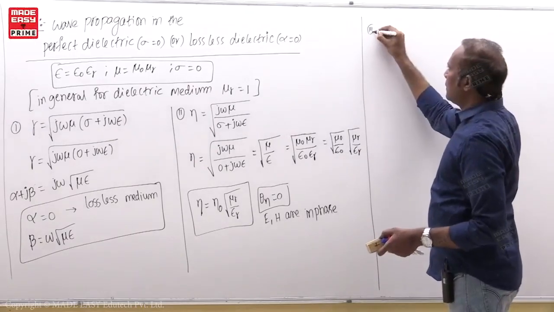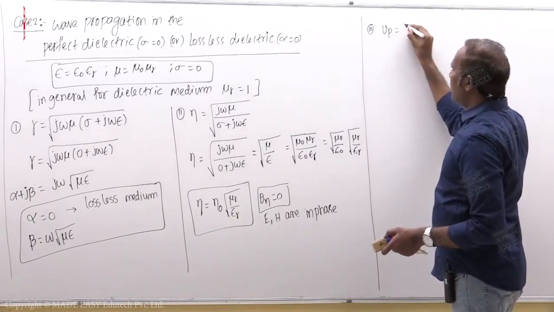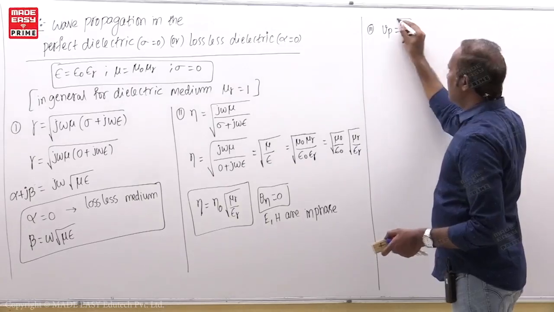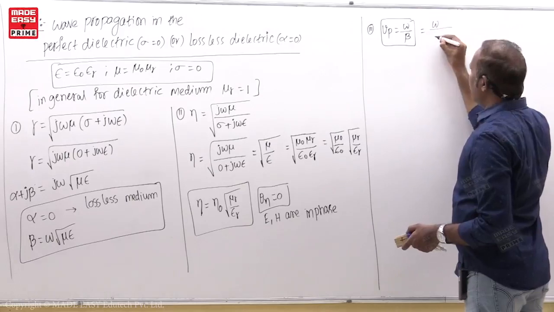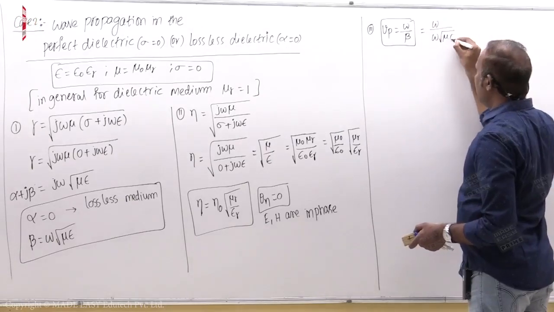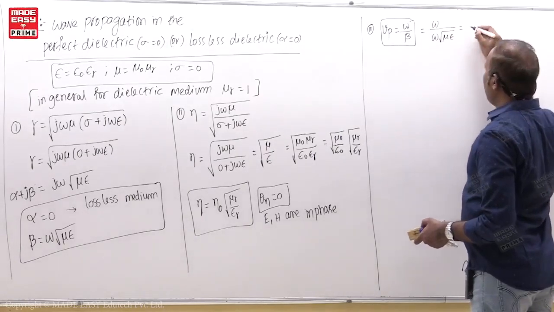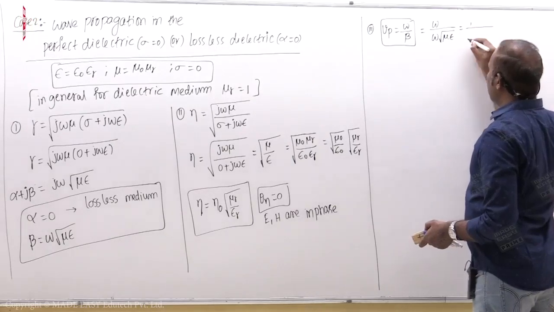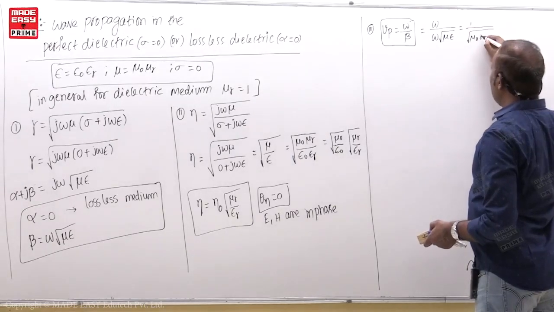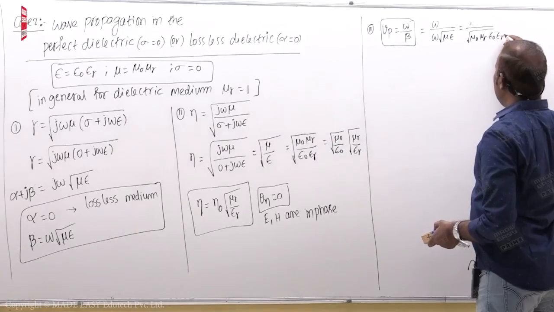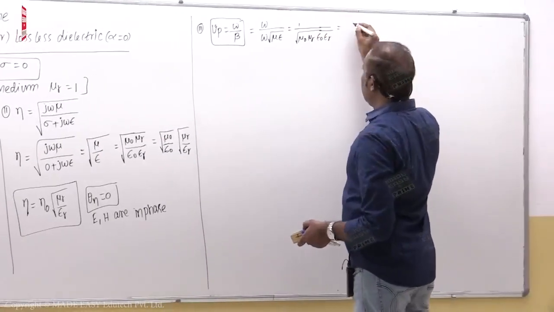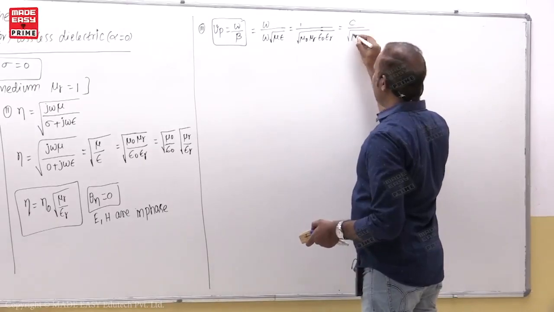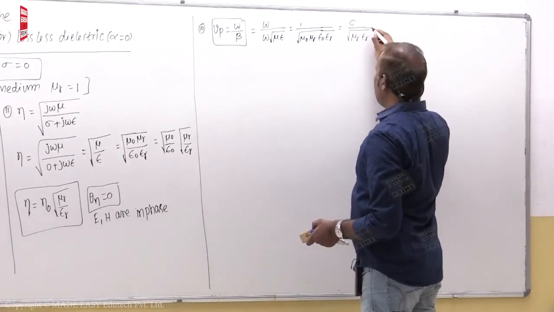Third one. The phase velocity general formula is omega by beta. Now for this medium, beta is omega root mu epsilon, and omega cancels. So this becomes root of mu naught mu r epsilon naught epsilon r. Now 1 by root mu naught epsilon naught is c, divided by root mu r epsilon r.